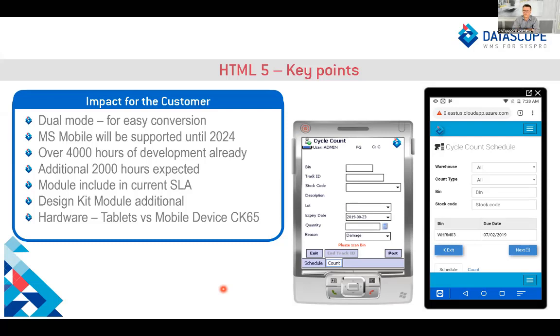The first one is that the software will run in dual mode, which is really nice. Most existing sites have a whole lot of Windows scanners. You don't want to go and change all your scanners immediately. So what you can basically do is continue to run your Windows environment and then buy additional scanners, which would be Android-based scanners, and you could do certain transactions on the Android version.